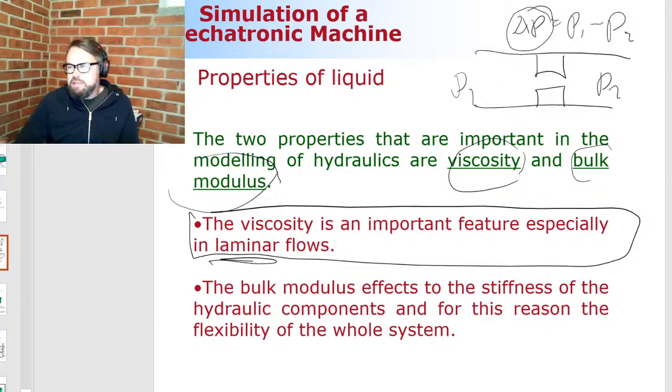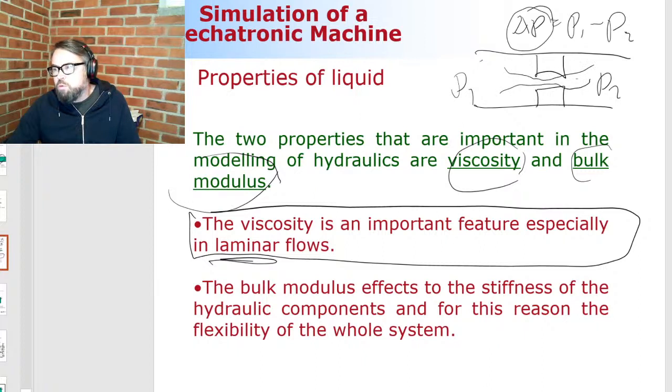Laminar type means that the particles are traveling in good order, so there's no whirling, but they are moving smoothly. And that is not very common, particularly in the applications that we are discussing.